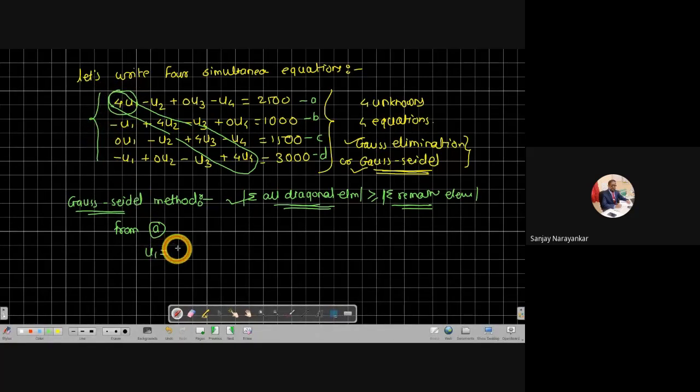U1 is equal to 1 by 4 (2500 plus U2 plus U4).